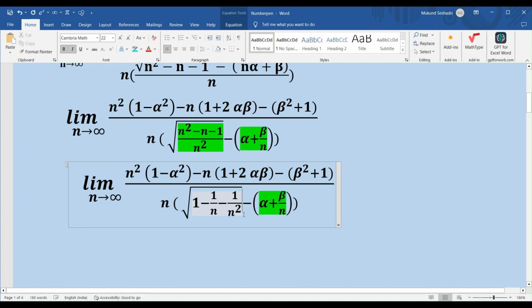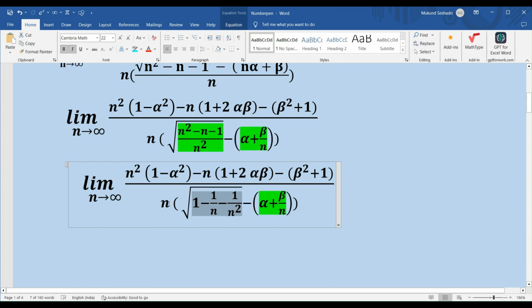So now let's take a look at what happens when n tends to infinity. You see the denominator, the term inside the square root tends to a finite value, which is 1, and the second part of the denominator, alpha plus beta by n, tends to alpha. Now that's with respect to the denominator.